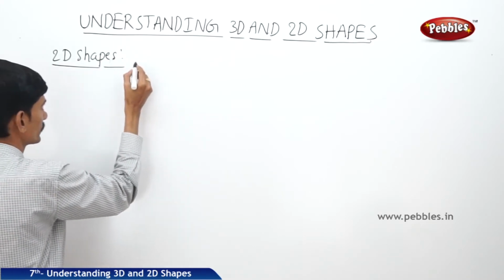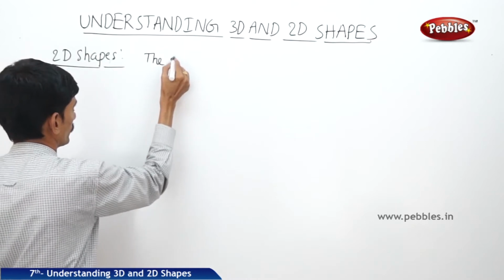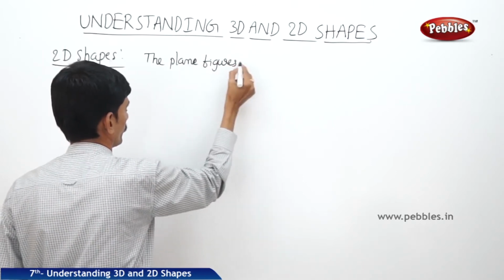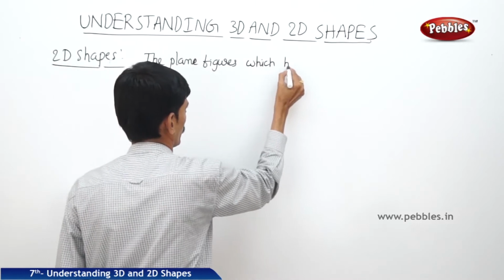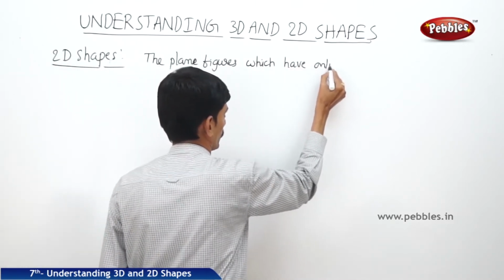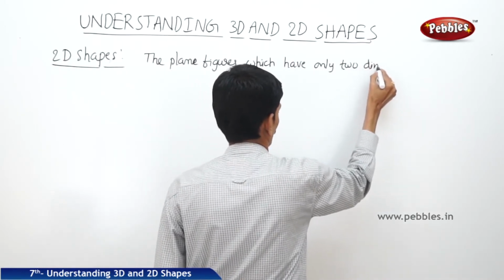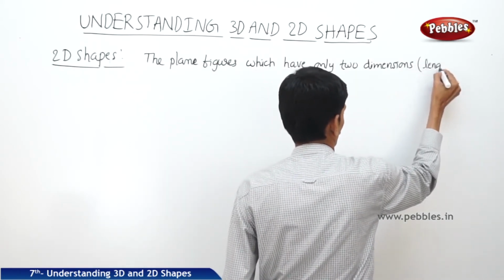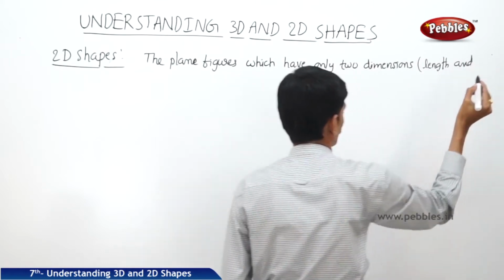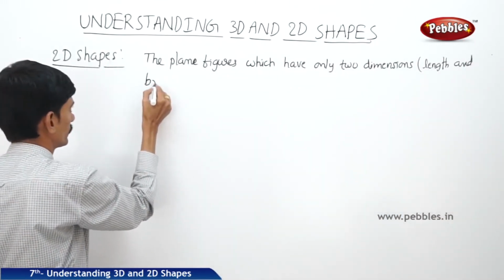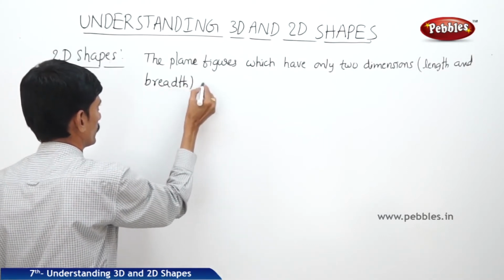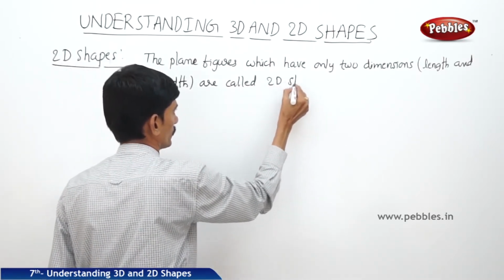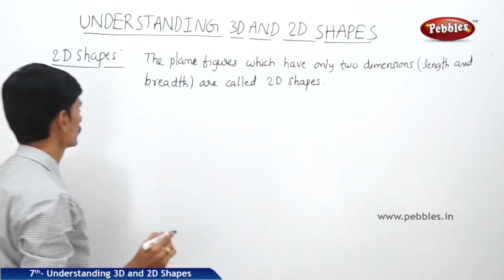The plane figures which have only two dimensions, means length and breadth, are called 2D shapes, and the 3D shapes.